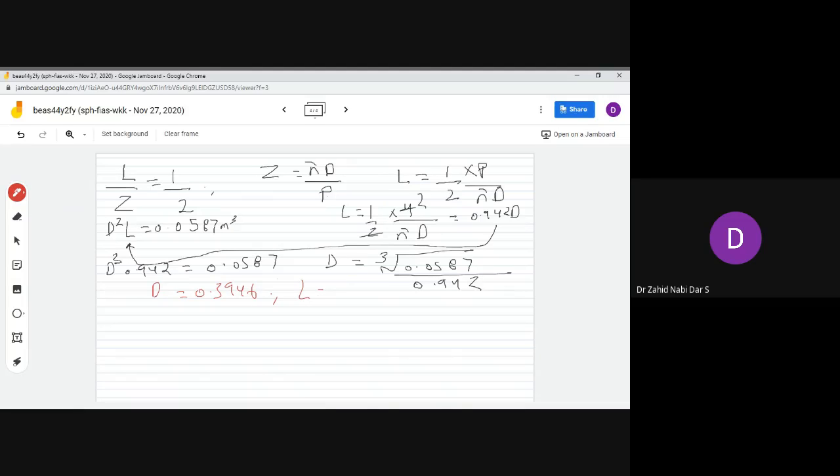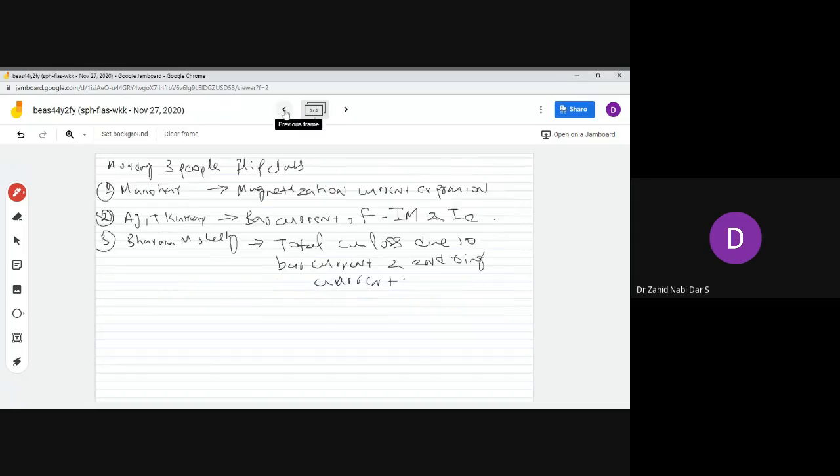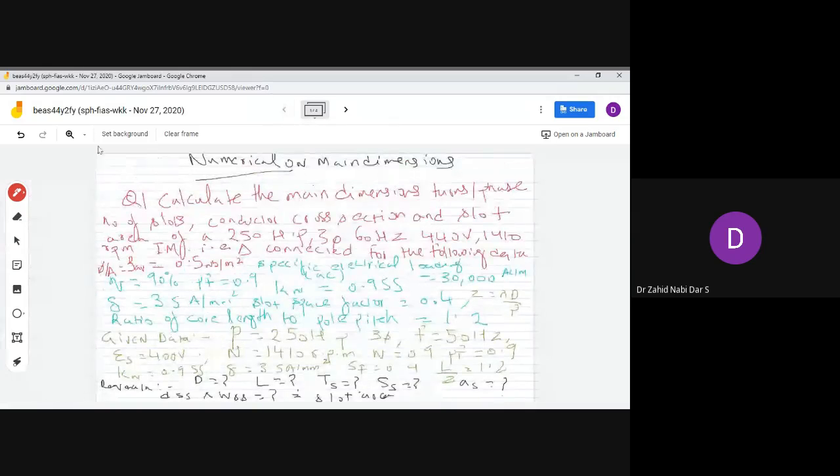Similarly, you can substitute and get the value of L. The L value is 0.942 into 0.3946, and this value will be around 0.373 meter. So you got the D value and the L value. The first part of the question, which required you to calculate the main dimensions D and L, you have done.